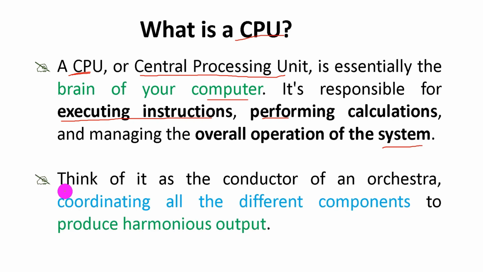You can think of the CPU as a conductor of an orchestra. It coordinates all the different components, like input, output, or any other ones, to produce a harmonious output or result.